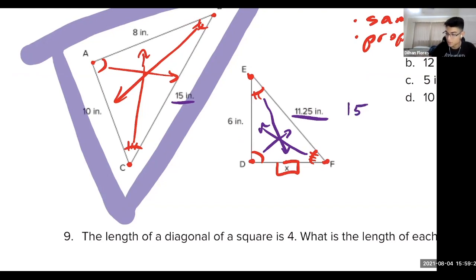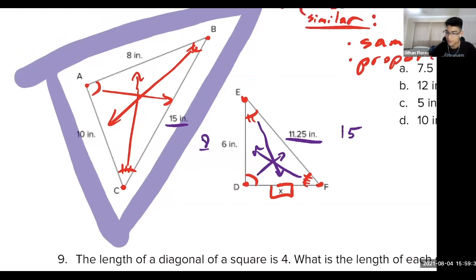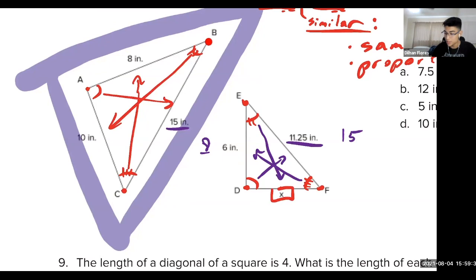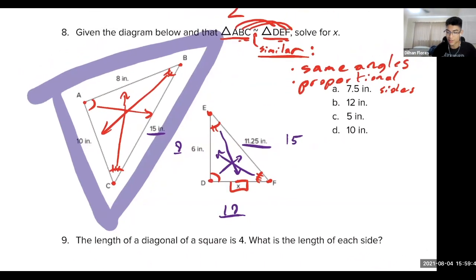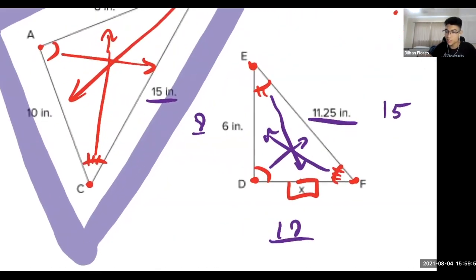And also angle C is the same thing as angle F, so somehow this 6 has to do with an 8. And then this b has to do with 10, and b is the same thing as e, so the 10 has to do with x. So we have our 10 here. All I did is I wrote the measures of this triangle onto the corresponding sides. What do we need to multiply 6 by to get to 8?